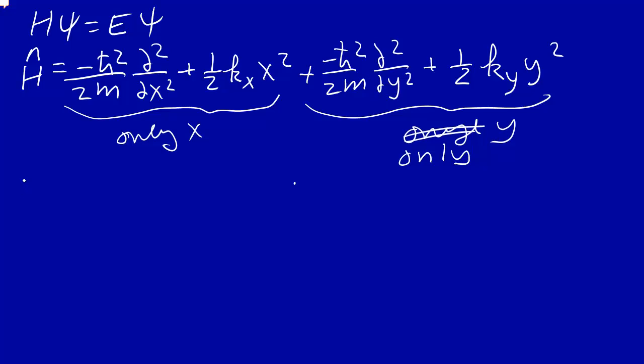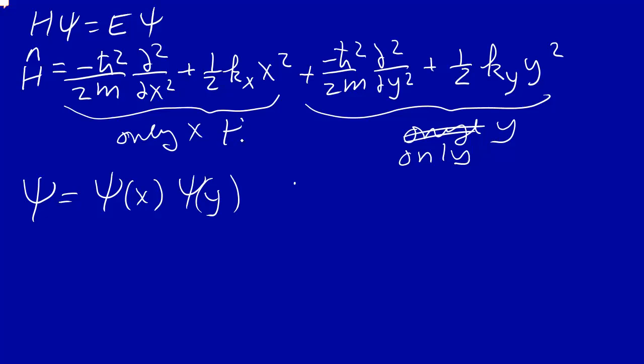If that's the case, then we can write the wave function to be the product of two wave functions, one that depends only on x and one that depends only on y. Let's get rid of this clumsy notation and just say this is hx, the part of the Hamiltonian that depends only on x, and we'll call this hy, the part of the Hamiltonian that depends only on y.